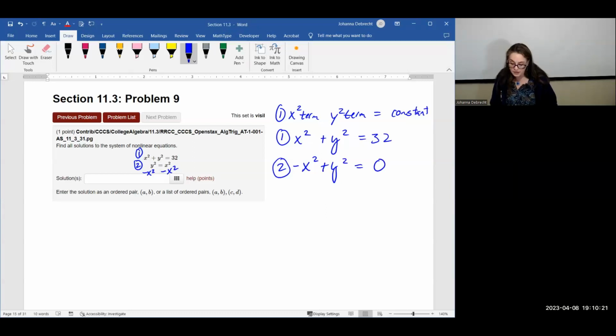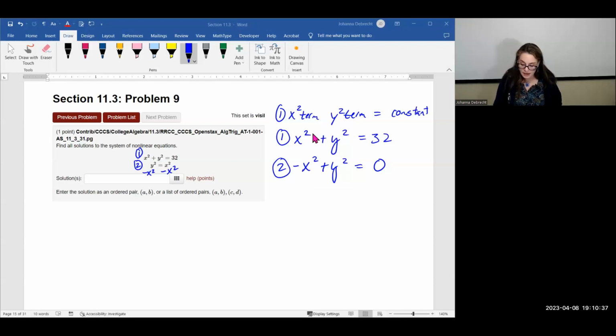Notice that the formats are identical again. I've got x squared over x squared, y squared over y squared, constant over constant. Notice also that the coefficients of x squared are both 1s, but with opposite signs.